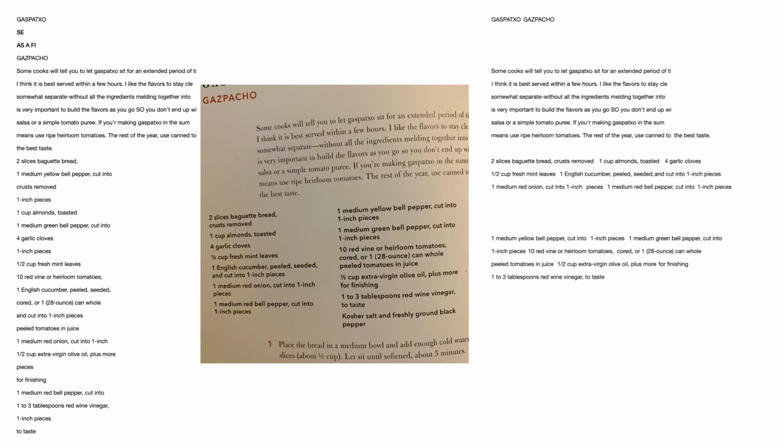We need to combine the 2 slices of baguette bread and the crust removed together, even though they're on separate lines. We need to piece everything back together. And what we see is we're able to put together different regions of the text, so that when text moves to new lines, we don't lose some of the context for some of these words. So that's the step we have to do with the Textract processing.